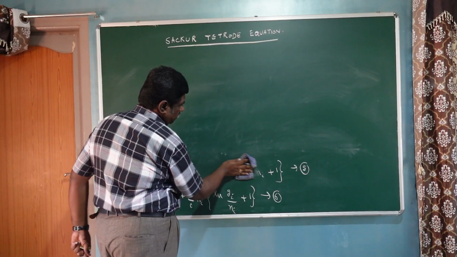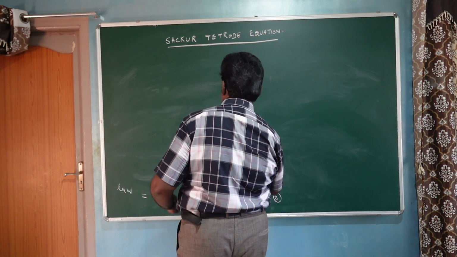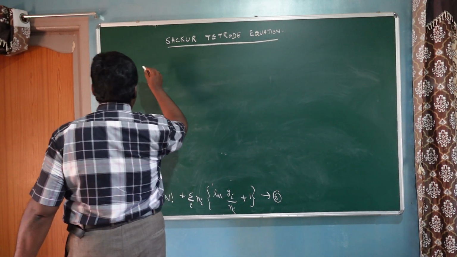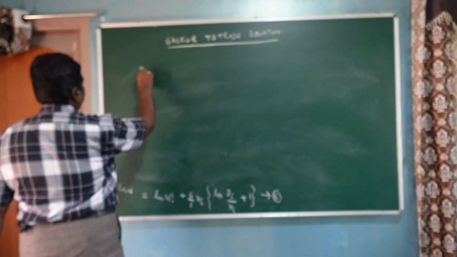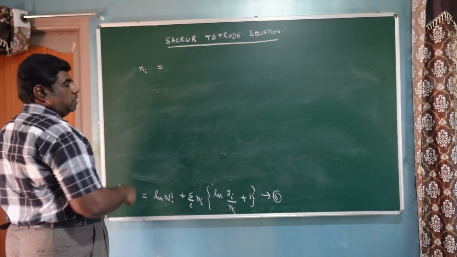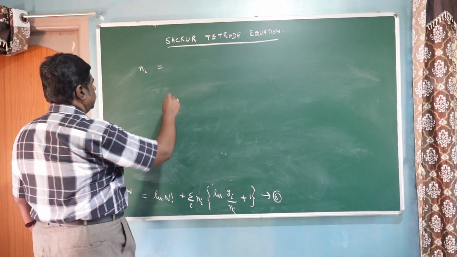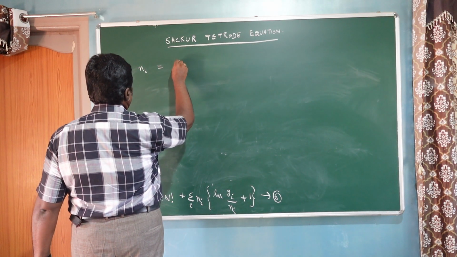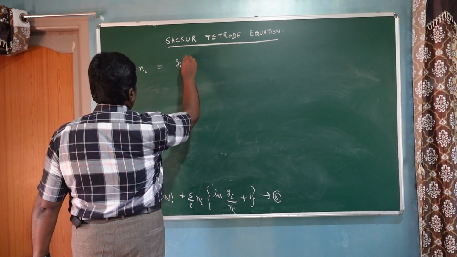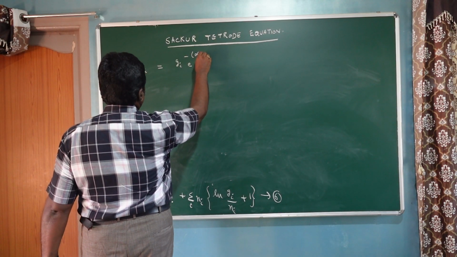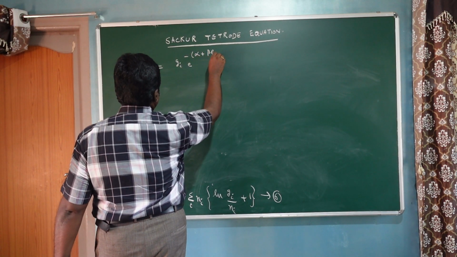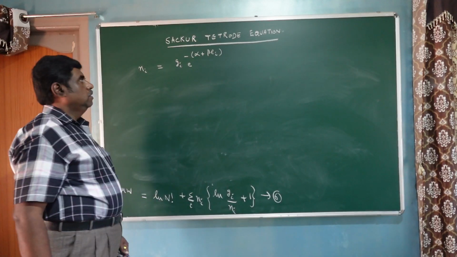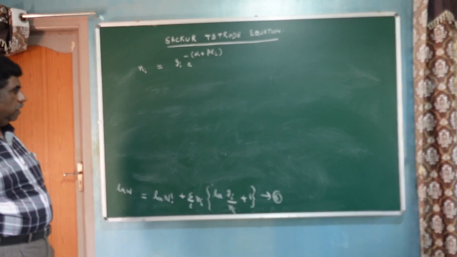We have to use that relation. See here, according to MB distribution, the number of particles occupying a particular state equals Gi e power minus (alpha plus beta Ei). This is the formula for Ni.